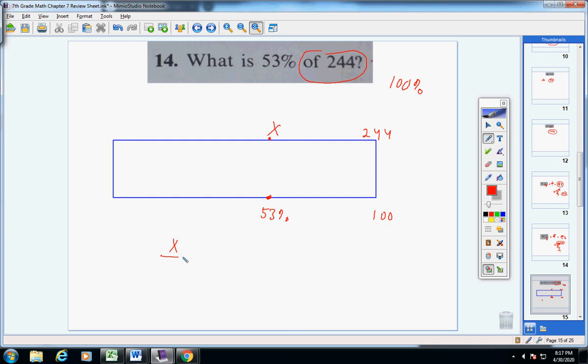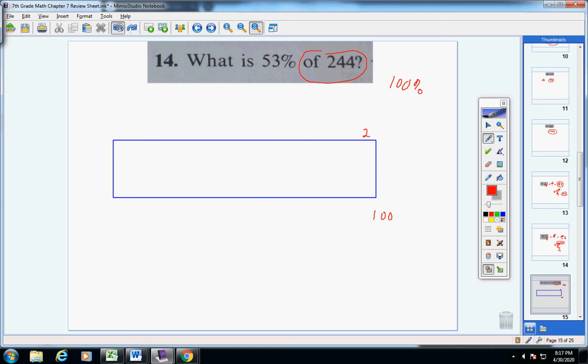X over 0.53 equals 244 over 1. And you get the same thing. Look, 1 times x is x. 0.53 times 244. Guys, we just did that a second ago. Over here, we just multiplied all that together. Remember?